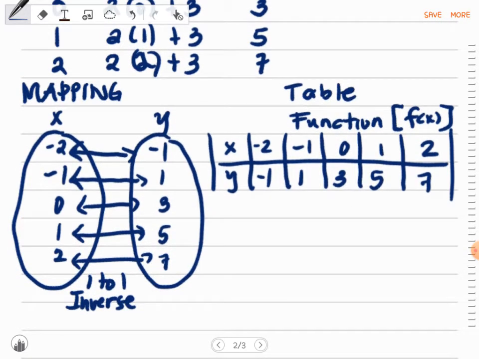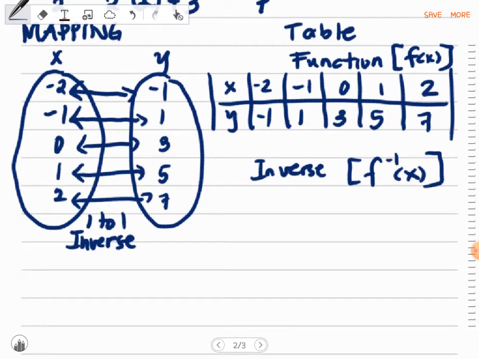Now to make it an inverse of a function, which is f raised to negative 1 of x, this is what we will do: with x and y, we will just interchange the values.